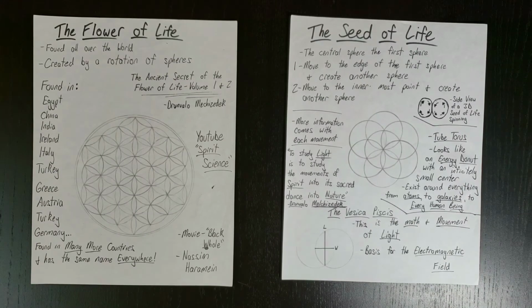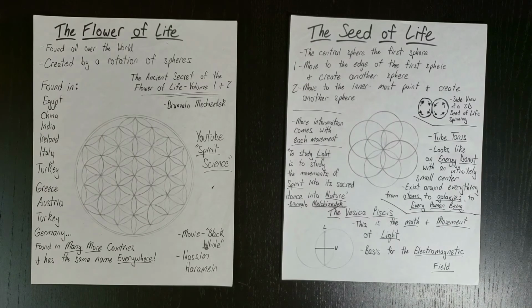It also gives us vast amounts of mathematical information. And everywhere you see the Vesica Piscis, light is incorporated into the fabric of our reality, because light is the foundation for the fabric of our reality. And this is also why the Bible said God moved upon the face of the waters, and then it said, let there be light. The motion came before the light.